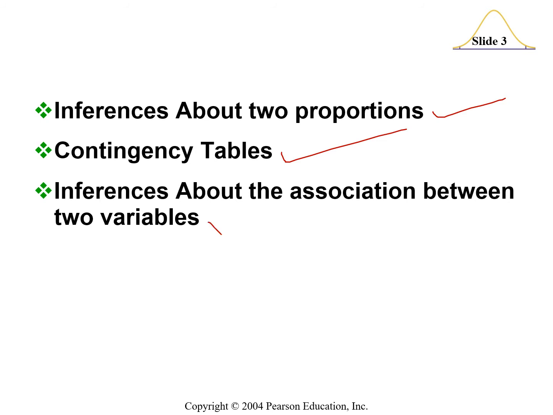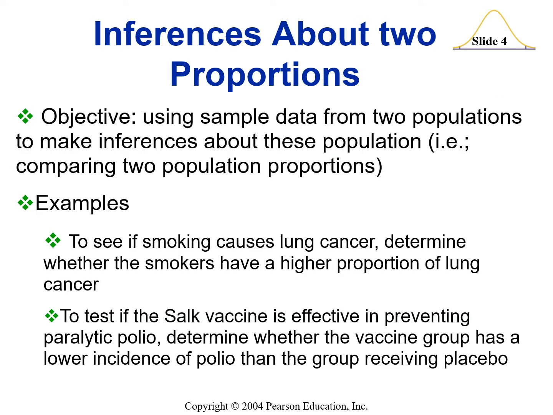And the third point is to conduct statistical tests about the association between two variables. Again, 3 points: inferences about two proportions, the concept of contingency table, and the statistical test used for inferences about association between two categorical variables.